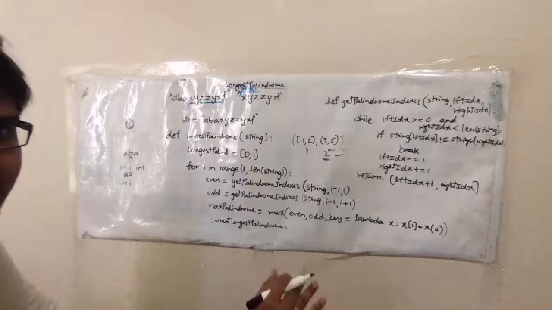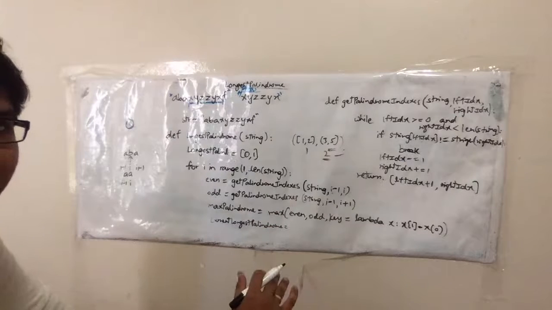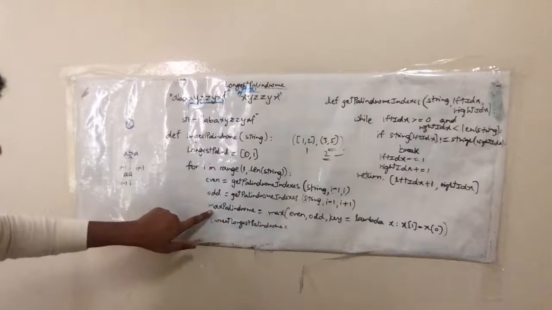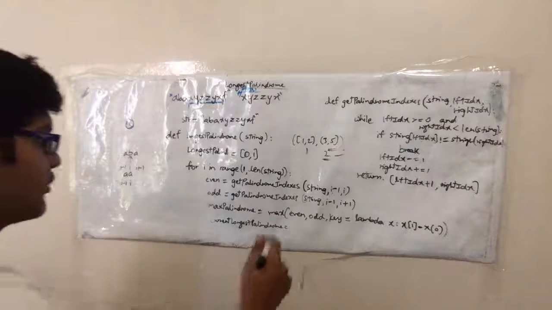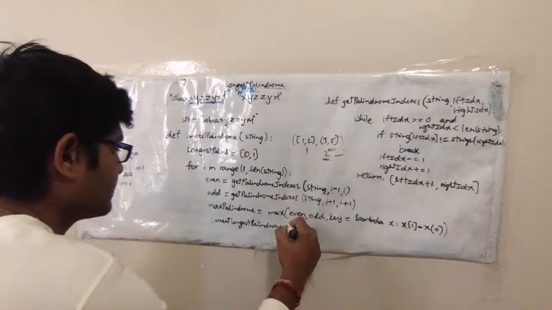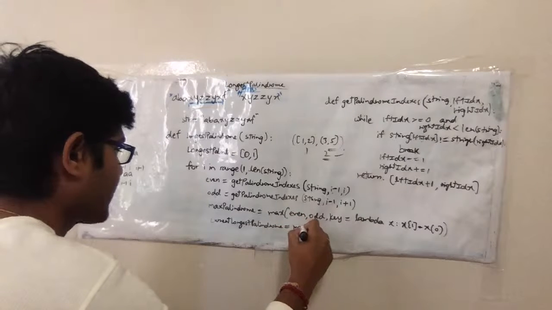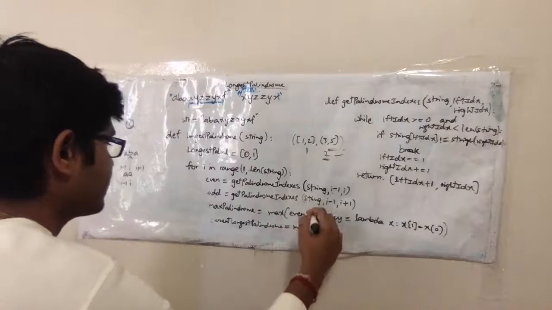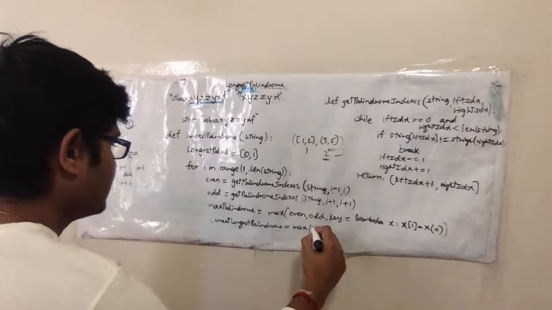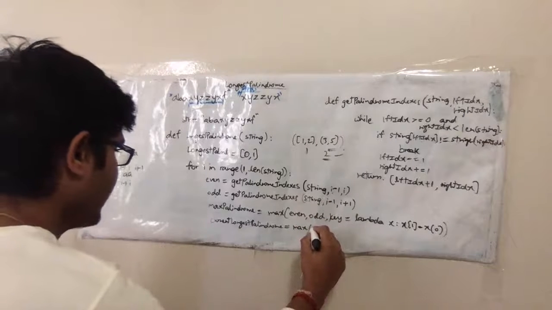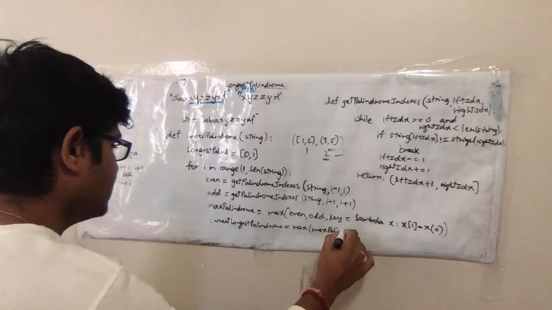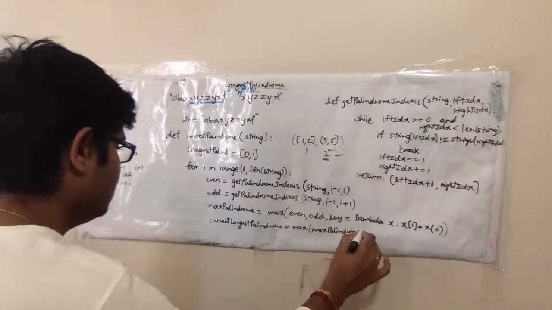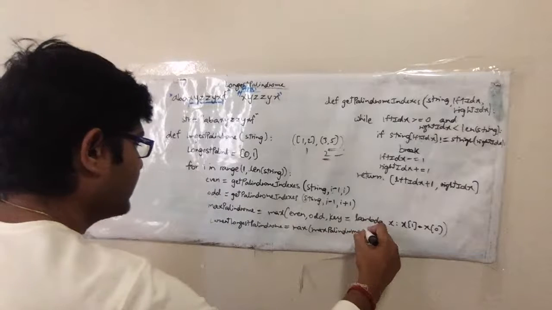It will take this max palindrome and the current longest palindrome, so it will check the max of max palindrome and the longest palindrome.